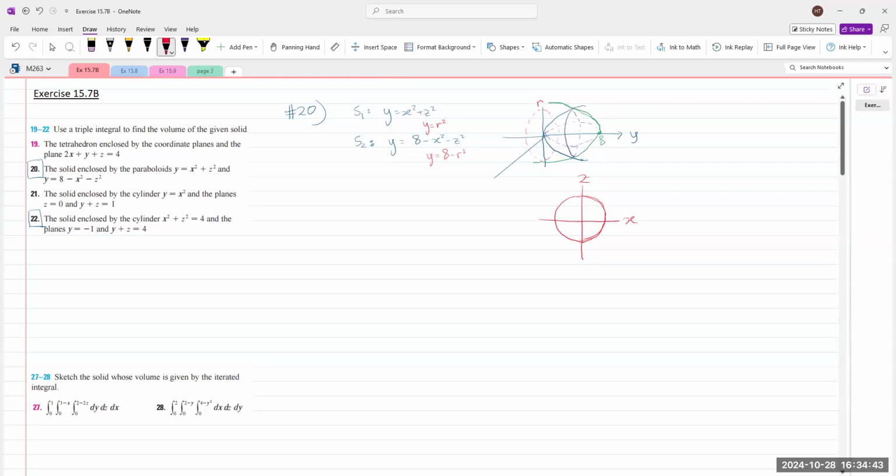Okay, that will be a disk with what radius? Let's put them together. So y equals r squared equals 8 minus r squared. So 2r squared equals 8. So r equals 2. Right? Divide by 2 and then take the square root.